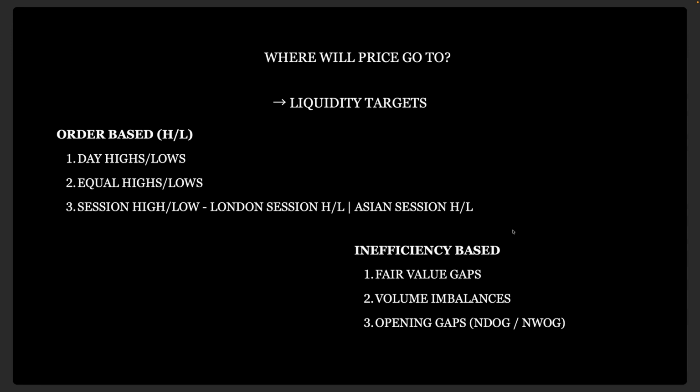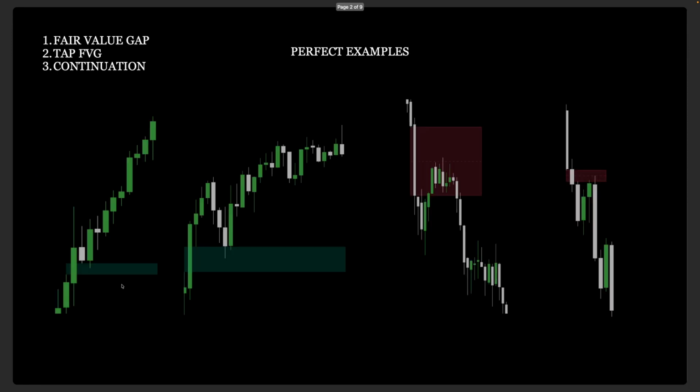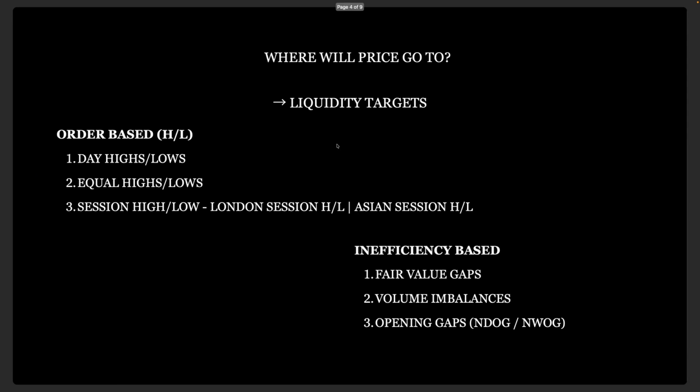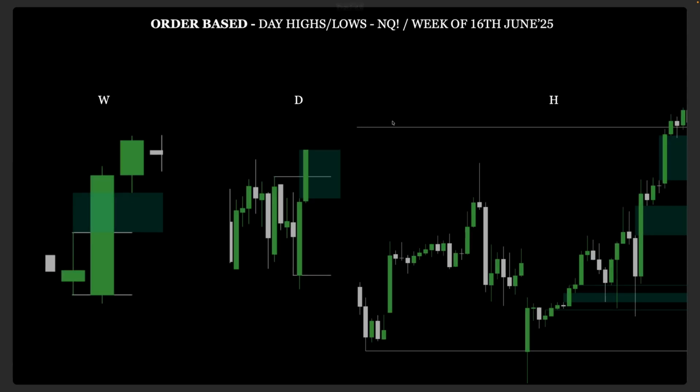So that shows, for example, in this perfect example, it comes back here to this PD array, references the 50% of this, uses that as a springboard, and then continues above. So let's see a few examples of this and how you can combine both of those liquidities to determine your draw on liquidity to see where price is moving towards next.